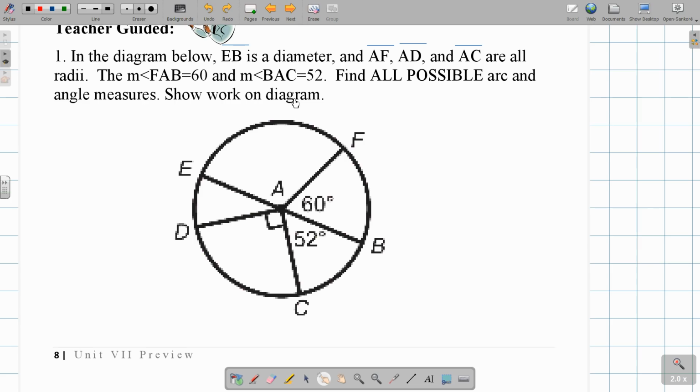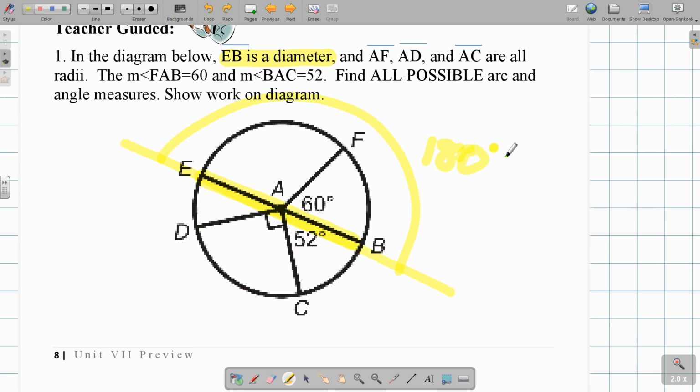So work on diagrams. The first and most important thing for you to always spot are the diameters. And diameters, I want you to do 3 things to them. I want you to first trace them. Next, I want you to stretch them out. And then I want you to sweep the 180 degrees so it's easy to spot.